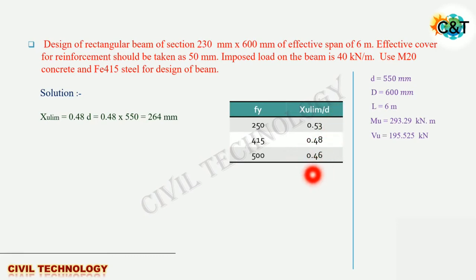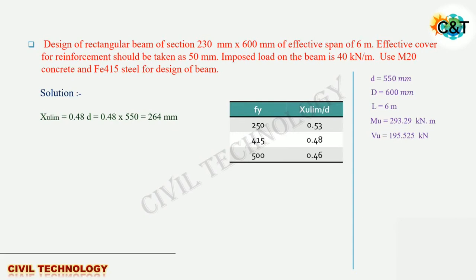If your steel grade is different, then your Xu limit will be calculated from a different factor, and just multiply that factor with the effective depth of your beam. So in our case, Xu limit will be 0.48 times 550, and the Xu limit value comes out as 264 mm.